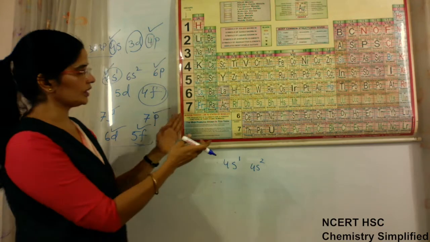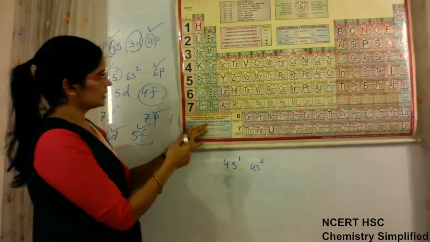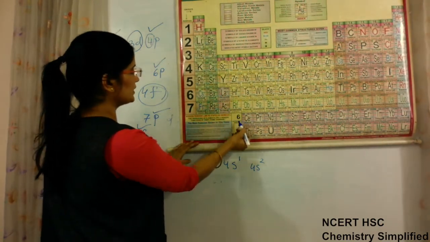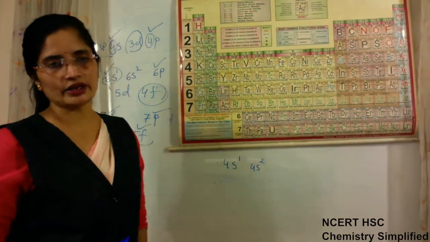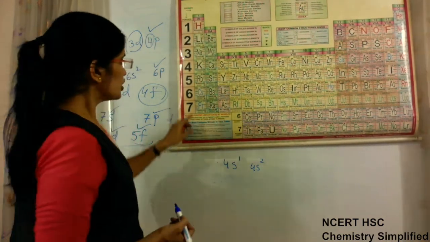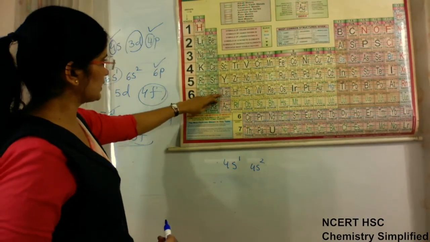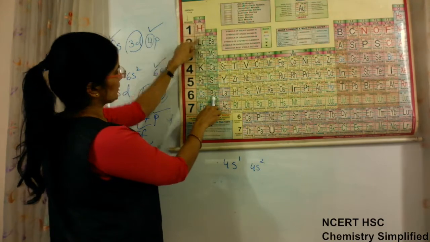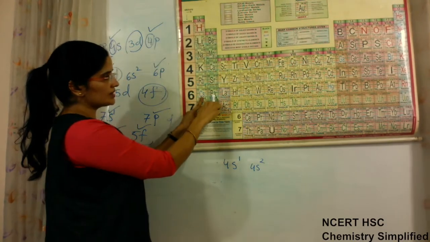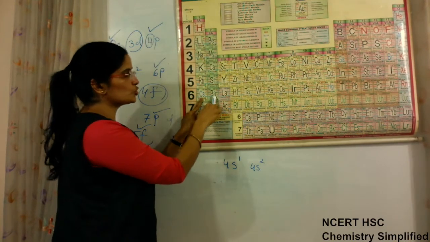Now, what about this? This is actually lanthanide series and actinide series, where the filling of F electrons takes place. Okay, so from here you will see lanthanum is here, actinium is here. These S are filled, 6S is filled, 6S1, 6S2.